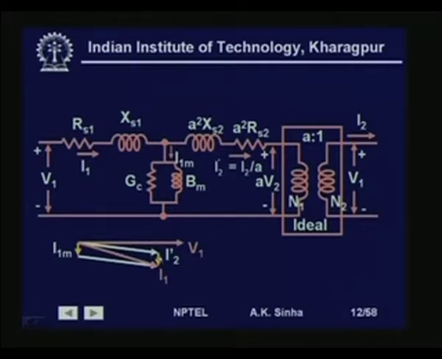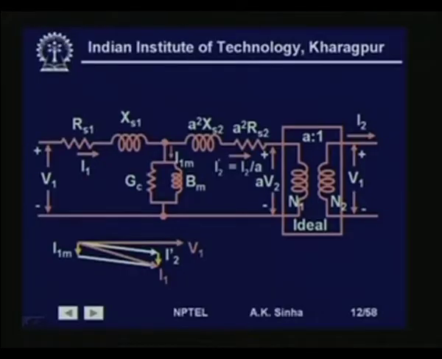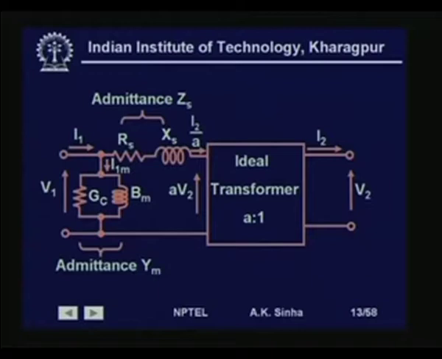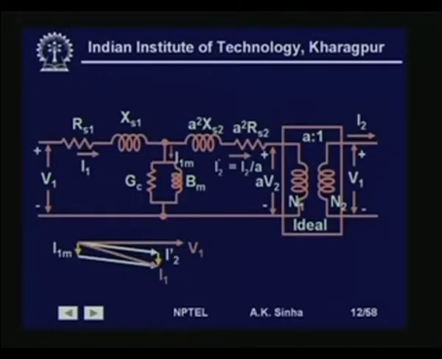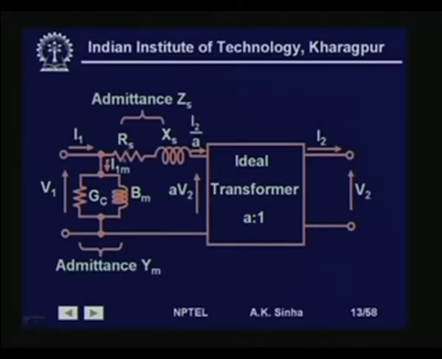So, the phasor sum, if we take, is going to be almost similar to this, that is, this I1 is going to be almost equal to I2 dash, and therefore, the error in assuming I1 is equal to I2 dash is not going to be very large, and if we make that assumption, then we can combine this like this.